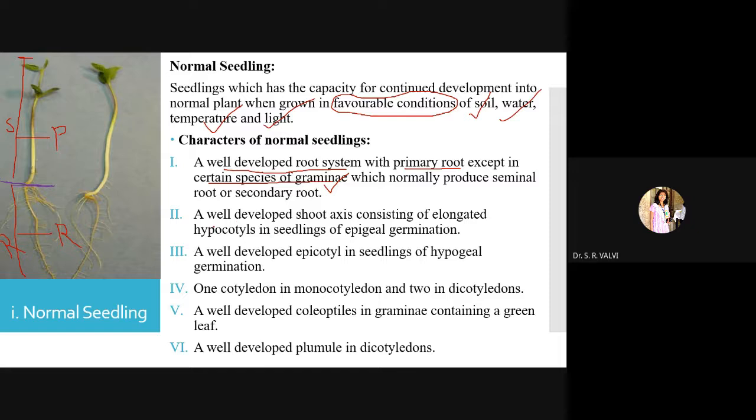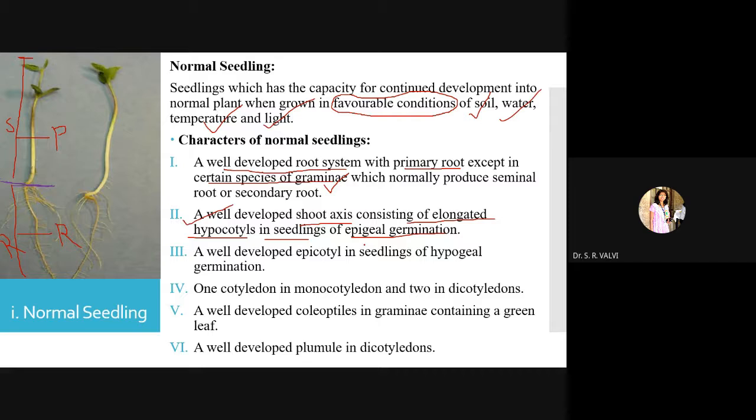Now, a well developed shoot axis consisting of an elongated hypocotyl is found in seedlings of epigeal germination, right? In epigeal germination, epi means above the ground.